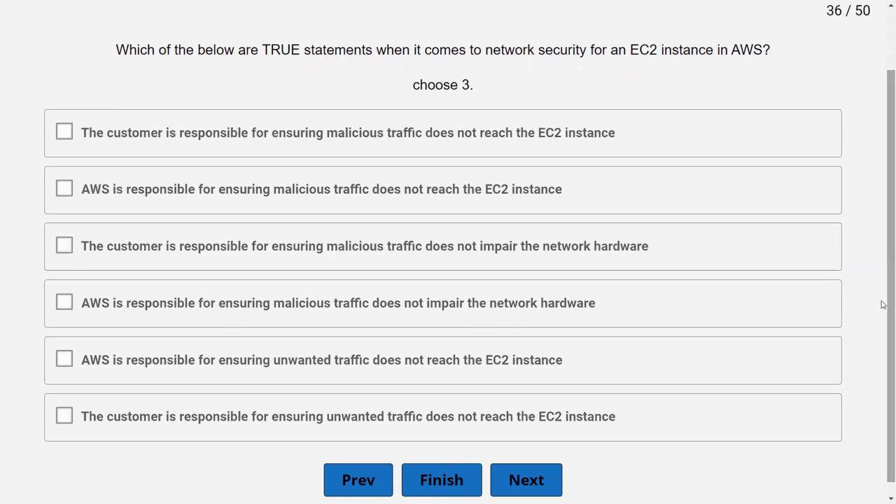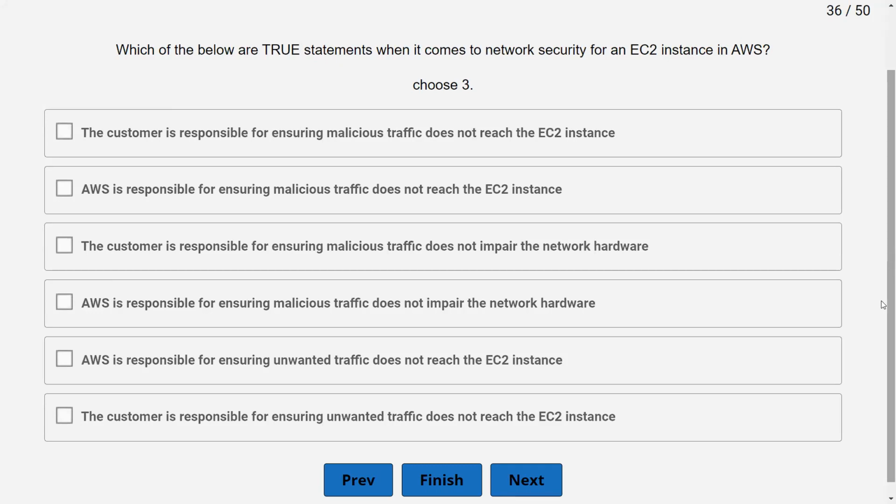Which of the below are true statements when it comes to network security for an EC2 instance in AWS? Choose the answer. The customer is responsible for ensuring malicious traffic does not reach the EC2 instance. AWS is responsible for ensuring malicious traffic does not reach the EC2 instance.